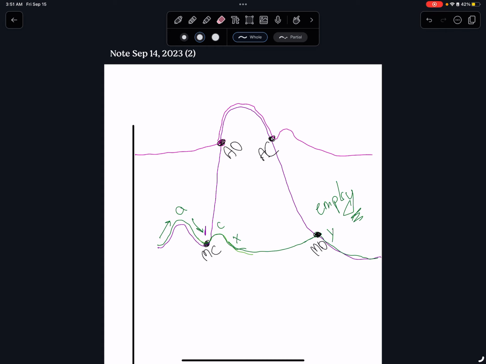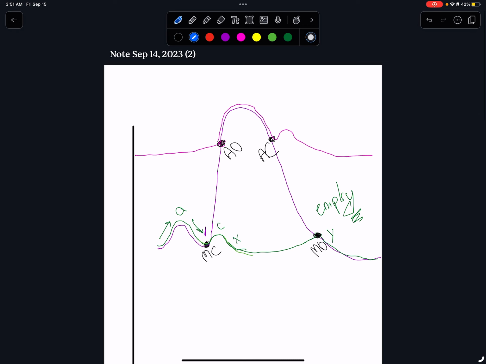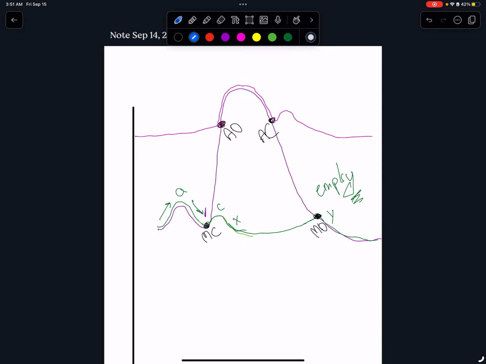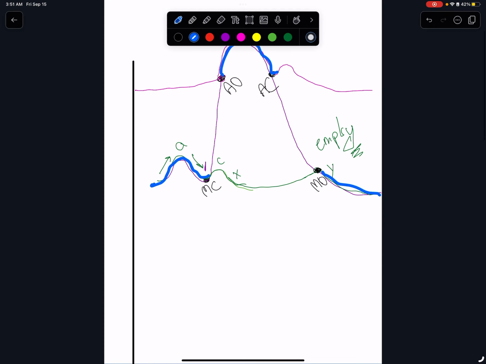From doing questions, or when you get exposed to this curve a lot, you'll notice something. As we said, here and here and here, the lines should be on top of each other. Why? Because the valves are open, and they should share the same pressure. But what happens if the lines are separated?